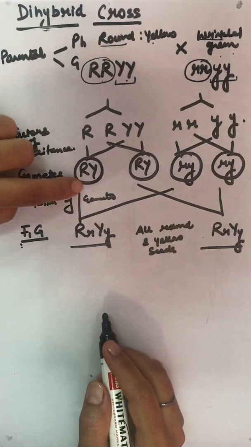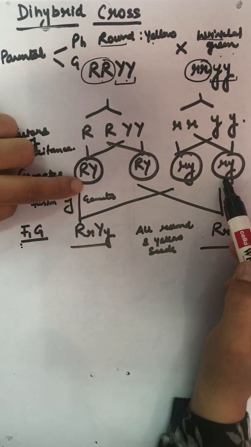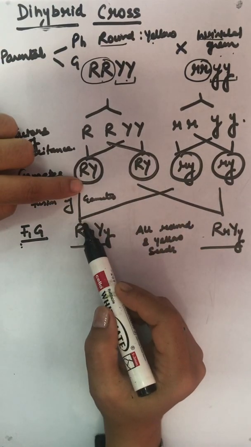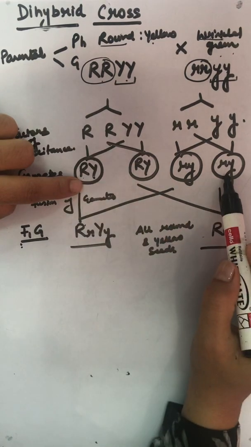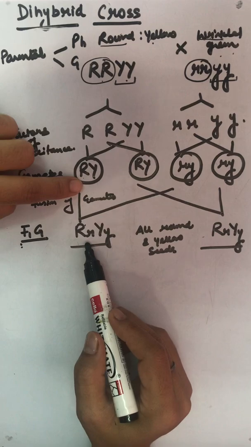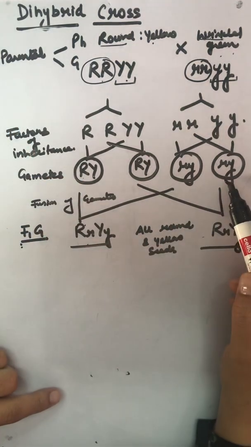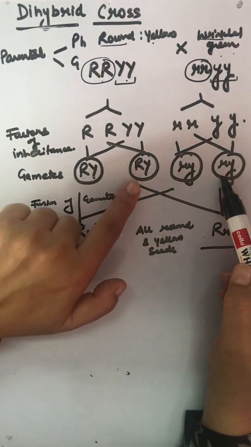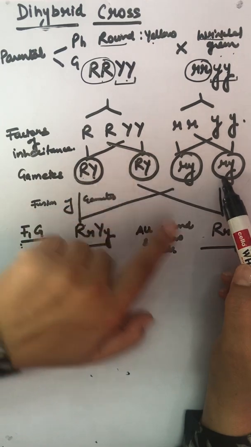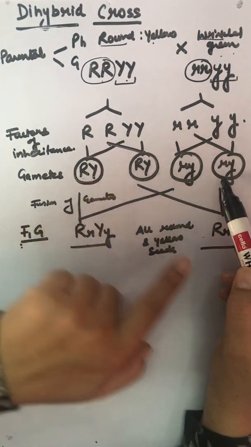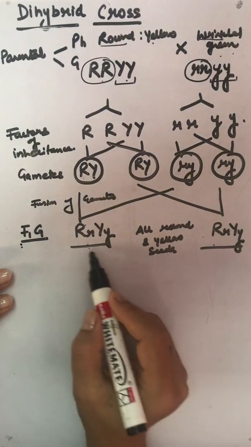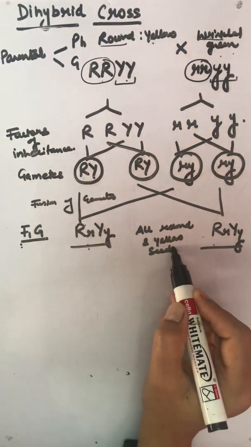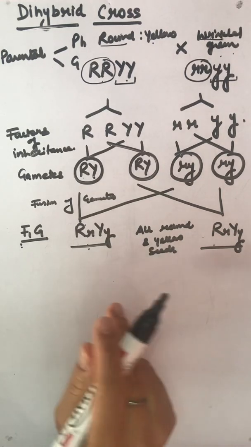If we choose this along with this now, because this has already been bred, self-pollinated, again the combination will show us this variety. If we choose this one along with this one, we are going to get the same result. So we have written all round and yellow seeds appeared in the F1 generation.